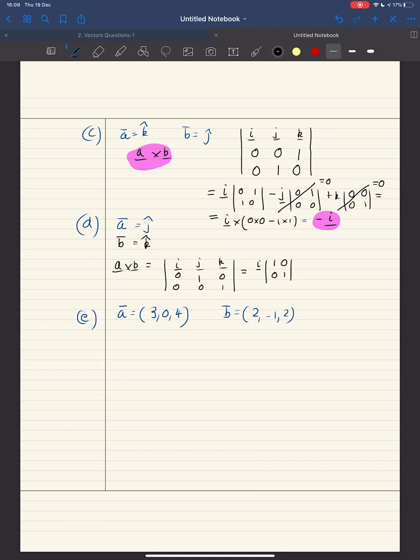Then the other two, these ones here which came up 0, are also going to come up 0 in here, because the second one is going to have 0, 0, 0, 1, and the third one you've got 0, 0, 1, 0, so they're automatically 0. So this is i times 1 times 1 minus 0 times 0, which is actually just i by itself. A cross B for that one. That's that one.